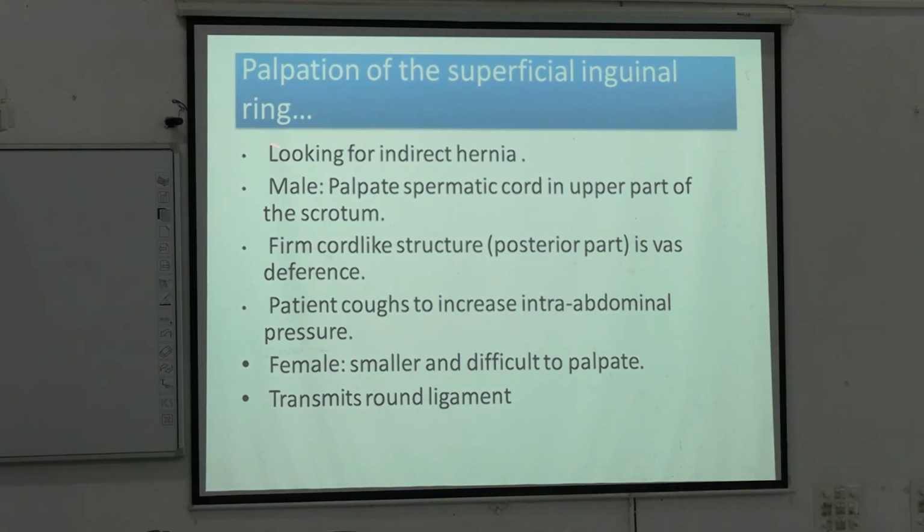Palpation of the superficial inguinal ring, looking for indirect hernia. In males, palpate the spermatic cord in the upper part of the scrotum. It forms a cord-like structure. The patient coughs to increase intra-abdominal pressure. In females, it is smaller and difficult to palpate; it contains the round ligament. Now, inguinal hernias are not uncommon in females.